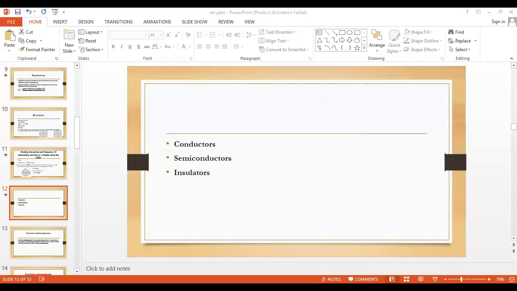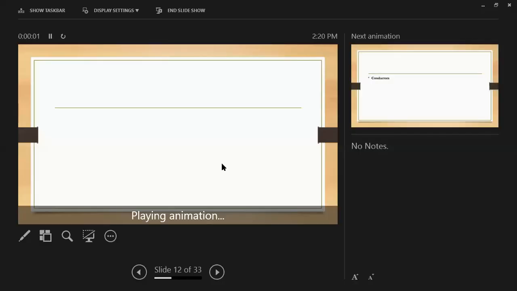So conductors, semiconductors, and insulators. Conductors are materials which allow electricity to pass through them. Remember, in their conduction band there are many free electrons. That's why they are conductors. Semiconductors have a few electrons in their conduction band.